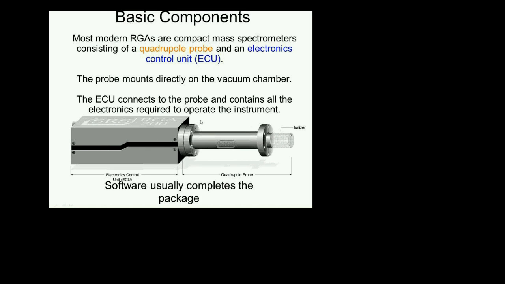The probe is what mounts directly on the vacuum chamber, attached to it and immersed in the same gas that is inside the chamber. The ECU, or electronics control unit, connects to the probe and contains all the electronics required to operate the instrument. So there is a probe and an electronics control unit, and then a software application usually completes this package.